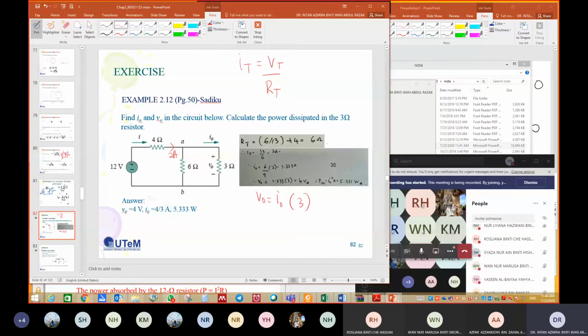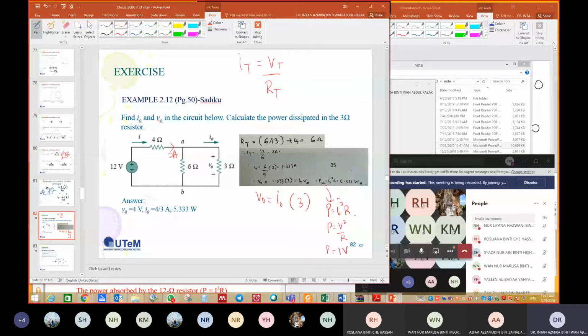How to find power? P is equal to I squared R, or P is equal to V squared over R, or P is equal to IV.